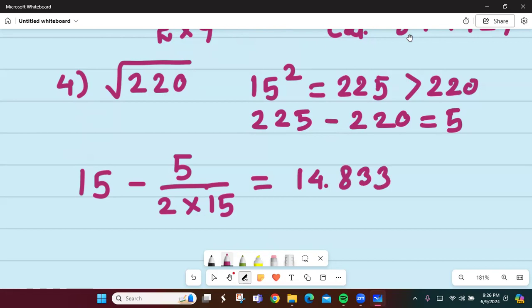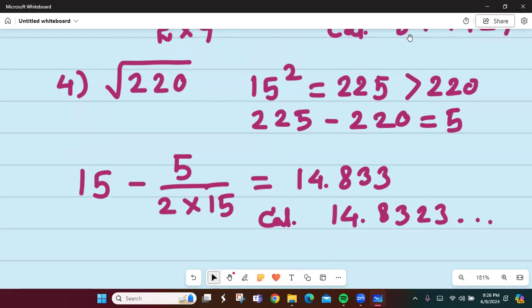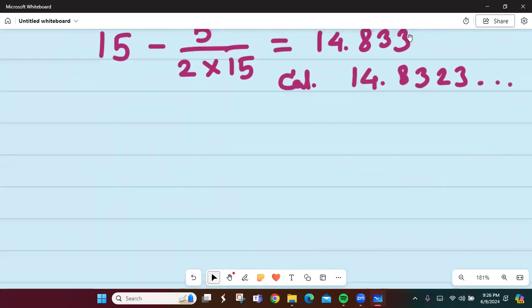And the calculator answer of square root of 220 is 14.8323 and so on, which is very, very close to the answer we have got by using this method.